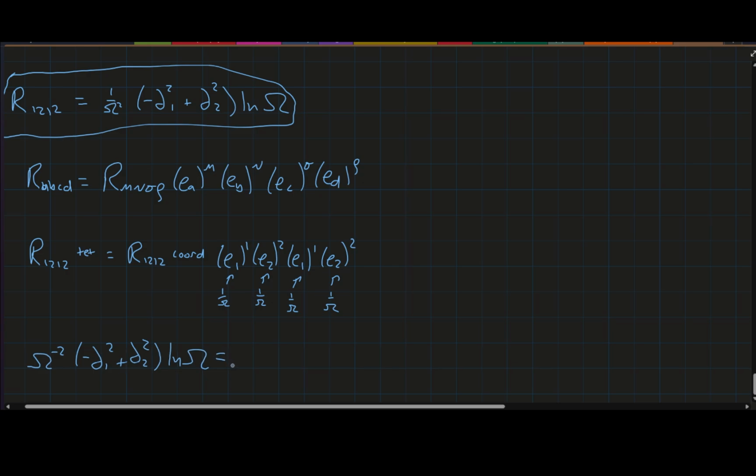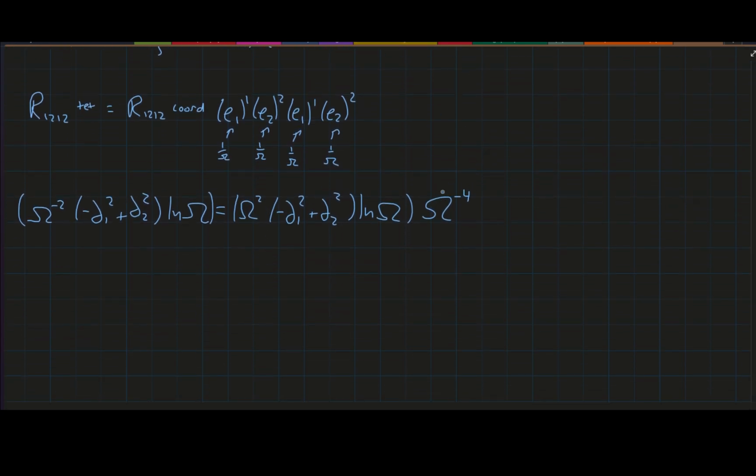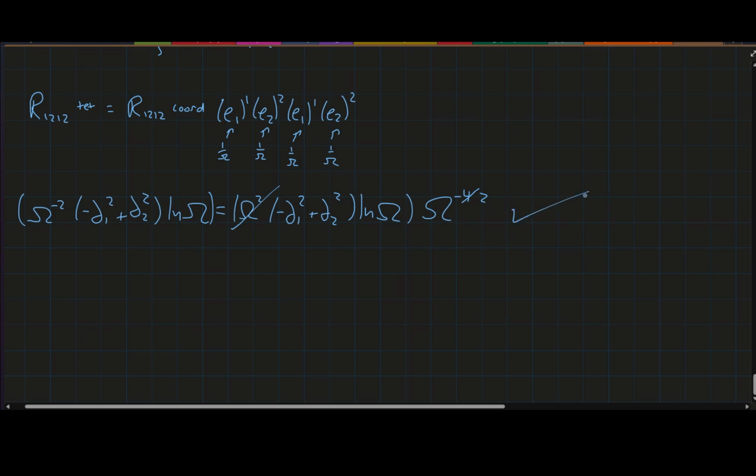And this is going to equal, let's put this in brackets because this is our tetrad Riemann tensor component, our coordinate one is going to be here. It's going to be omega squared times minus del 1 squared plus del 2 squared ln omega, and then each of these e's is going to contribute a 1 over omega, so we actually get an omega to the minus 4 out front here. And so the effect of this is that this omega squared cancels with this minus 4, making it a minus 2, and both sides are indeed equal at that point. So we know that we've done it right and that they agree.